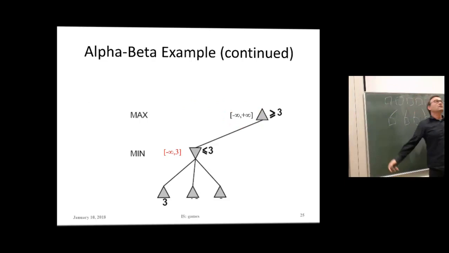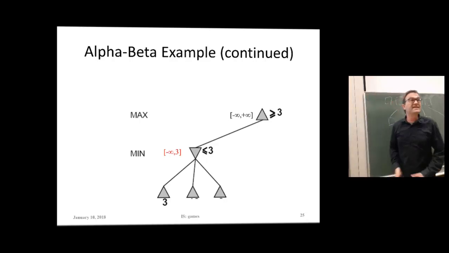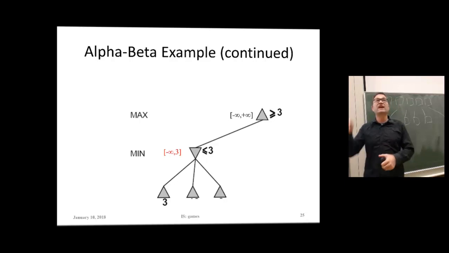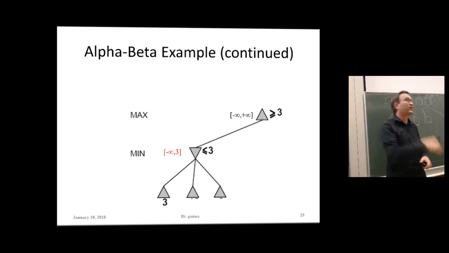Okay, now things become interesting, because now min, in the first search step, finds the value 3. And this changes the potential choices it can make. Because min takes the smallest value, so it will never choose a value that's bigger than 3.